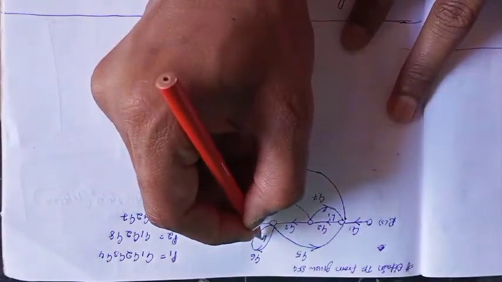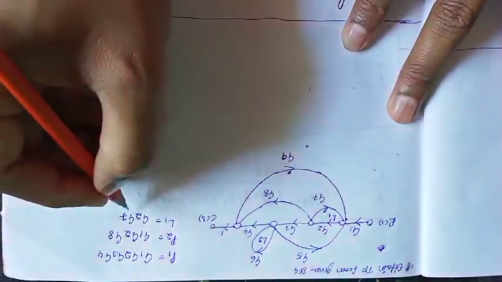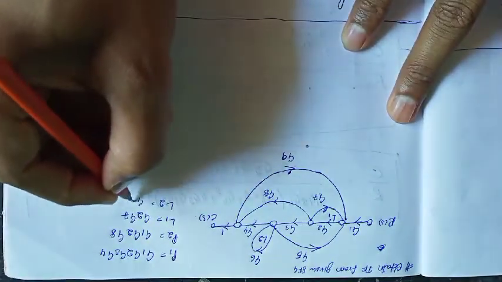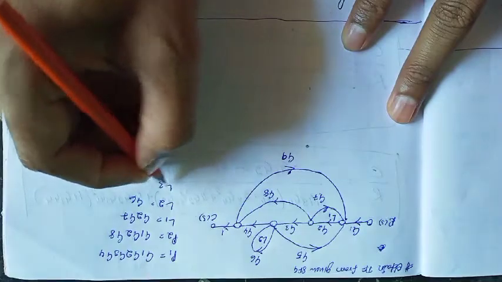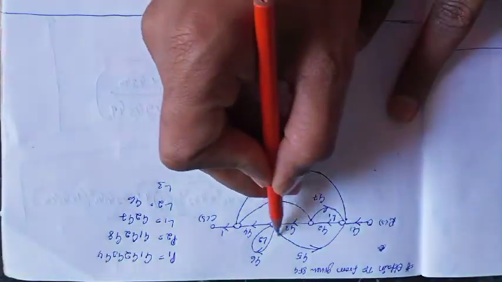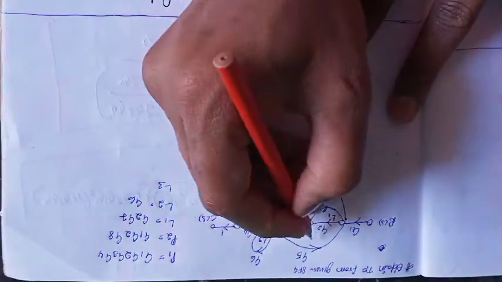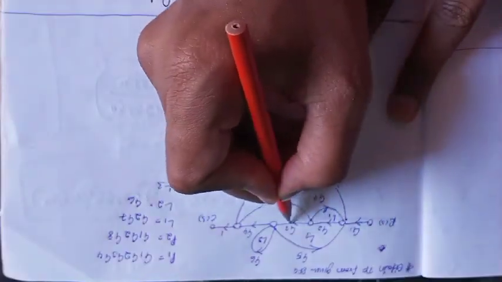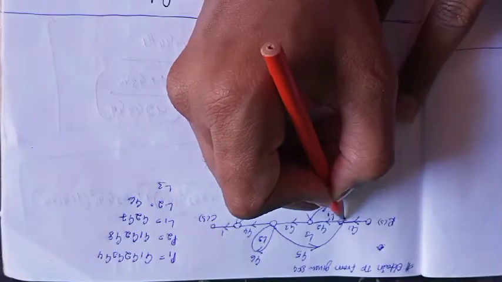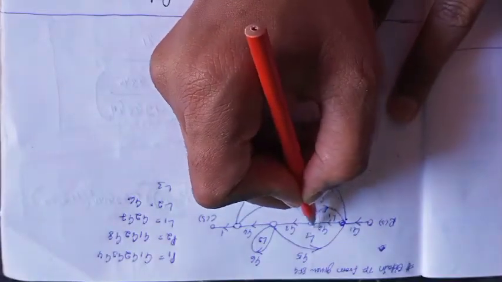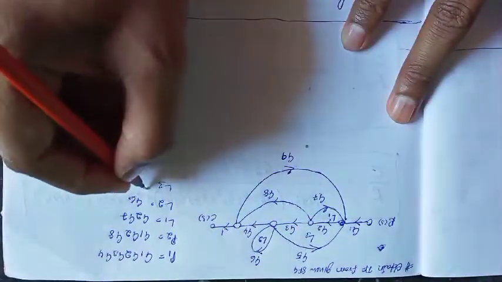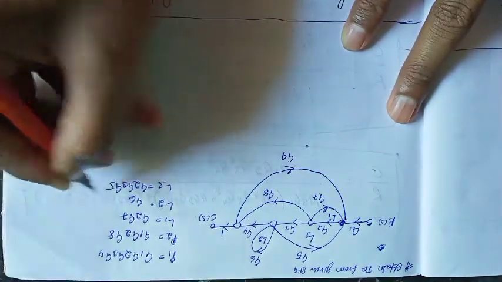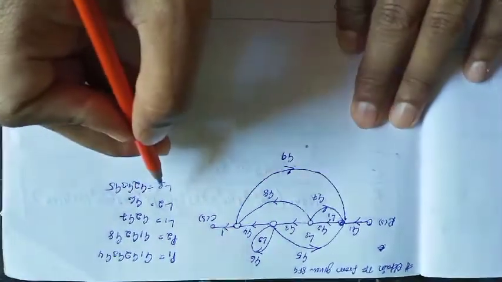I am giving it as loop 2, that is L2 equals G6. Then L3. See here, this is the loop. Trace like this and it comes to the same node. Then G2, G3, G5 is loop number 3.